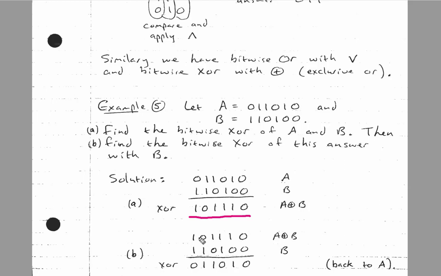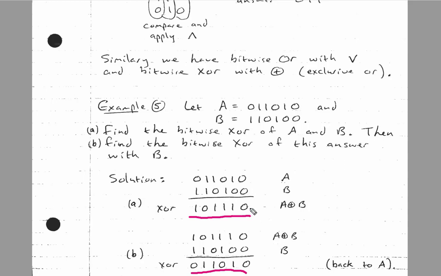And then put that answer here and apply bitwise exclusive OR of that answer with B. Again, we're looking for different bits, so we get a 1 here, a 1 here, and a 1 here. So that's the answer for part B. And we see we're back to A again.